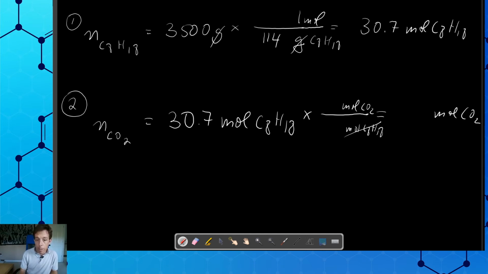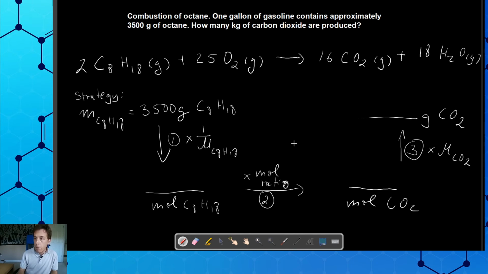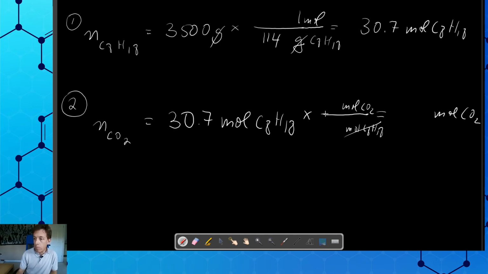We cannot know this without having a balanced chemical equation, so that's why it's very important to have one. It is 16 moles of CO2 for every 2 moles of octane, so it's basically just multiplying this whole thing times 8. And we're left with moles of CO2. If we do this, we end up with 246 moles of CO2.